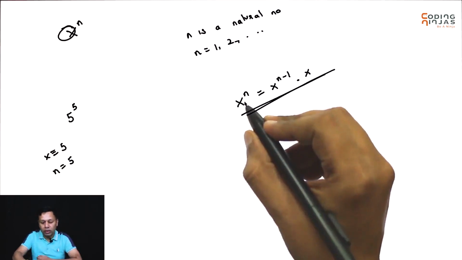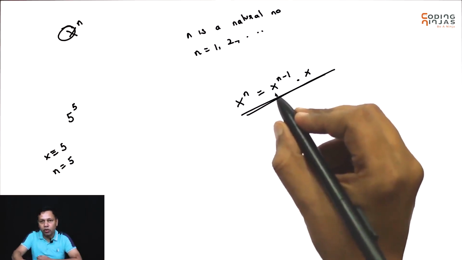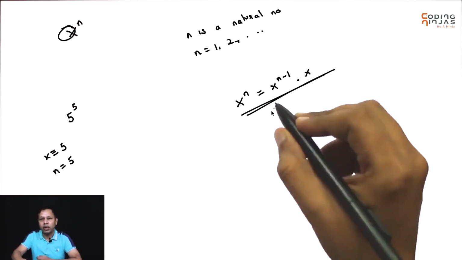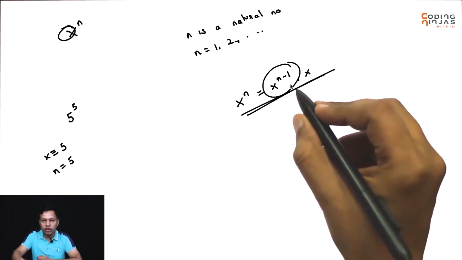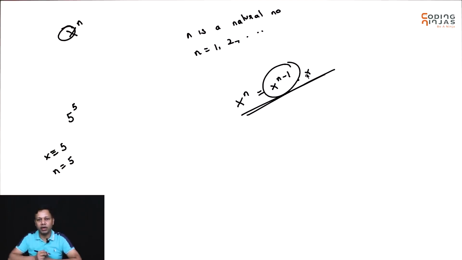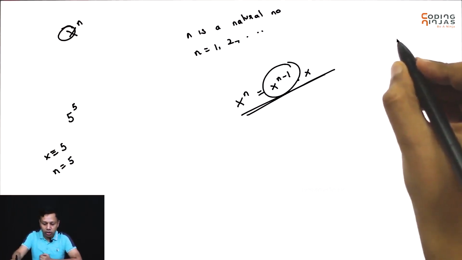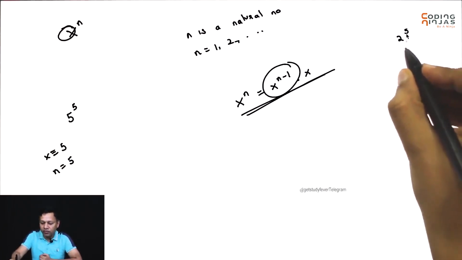In order to calculate x raised to the power n, I simply need to know x raised to the power n minus 1. I can multiply the result of this expression by x and I'll get my answer. And where should I stop? Suppose this is 2 raised to the power 5.